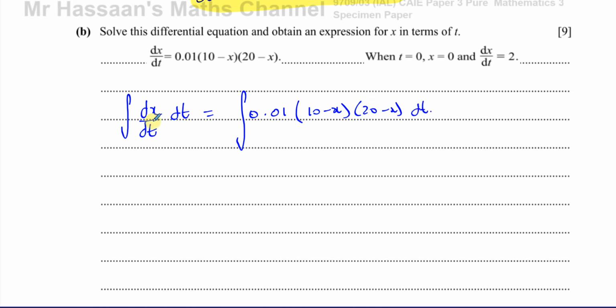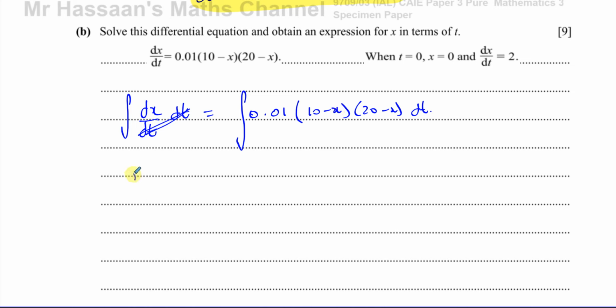As you can see, this is going to cancel out, and we're left with something here. This side has to be integrated with respect to x. So on the side that you have the dx, all the x terms must go. So these terms must end up on this side.